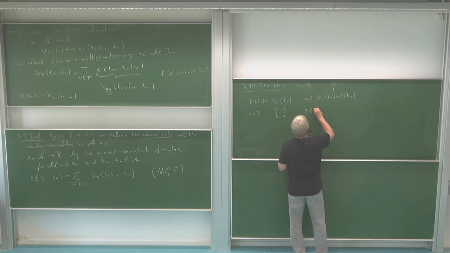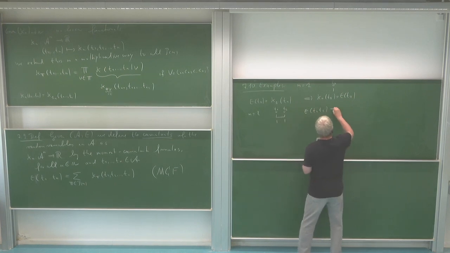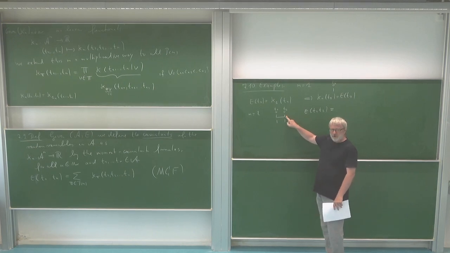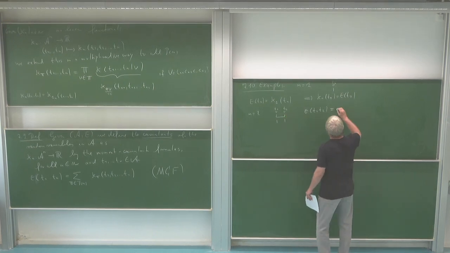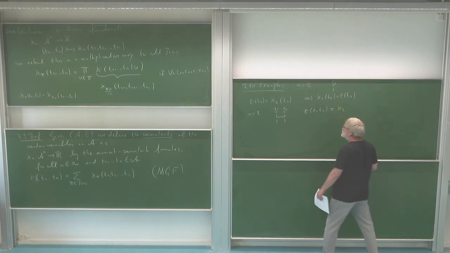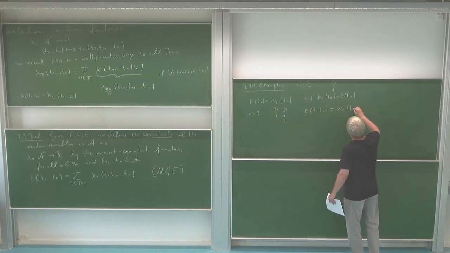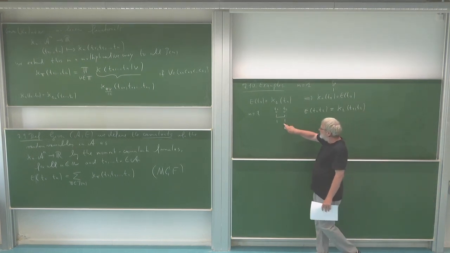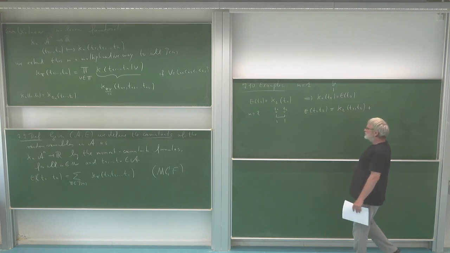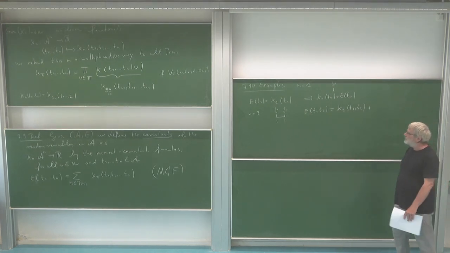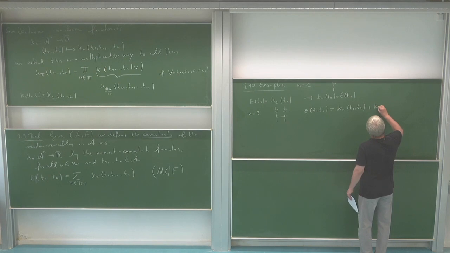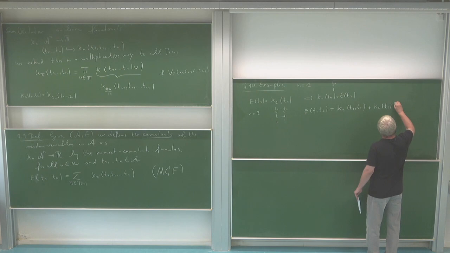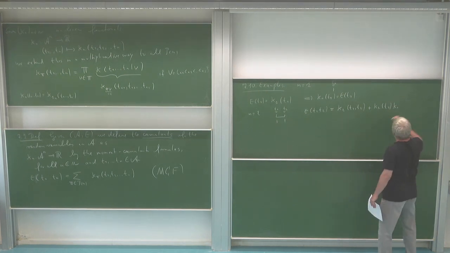So the expectation of T1, T2: the contribution corresponding to the partition with only 1 block is a kappa 2, with the 2 variables in this block, T1 and T2. But then I also get a contribution from the other partition. This is a product of 2 kappas, each of them with only 1 argument. So it's a kappa 1 of the first block, which contains T1, multiplied with the kappa 1 of the second block, which contains T2.